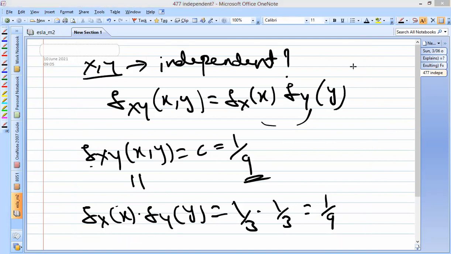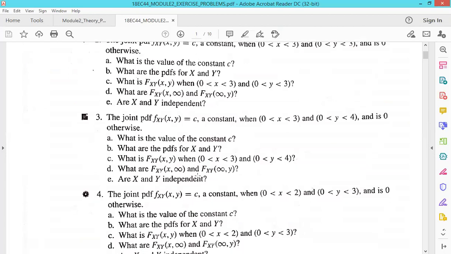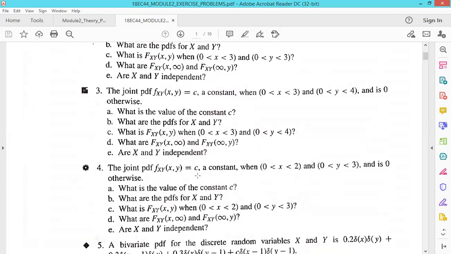Just share it. I think take the next problem, the third one. Make the calculation for this and tell me the answer. Look at problem number 3. They are similar, 3 and 4 are similar.